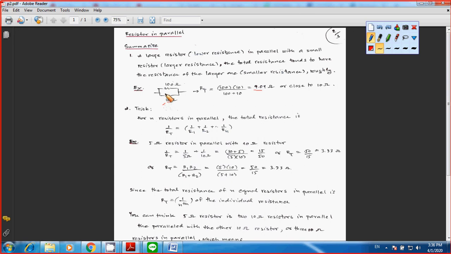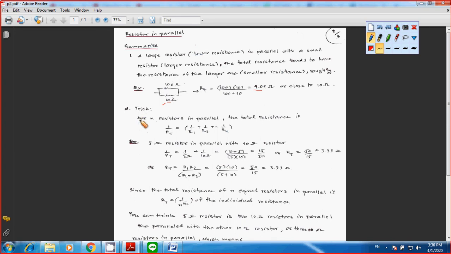And when we're talking about a larger resistor, that means a big resistor, or you have a lower resistance, right? Don't get confused. And a smaller resistor means larger resistance. Just want to point this out. Make sure you're not confused.